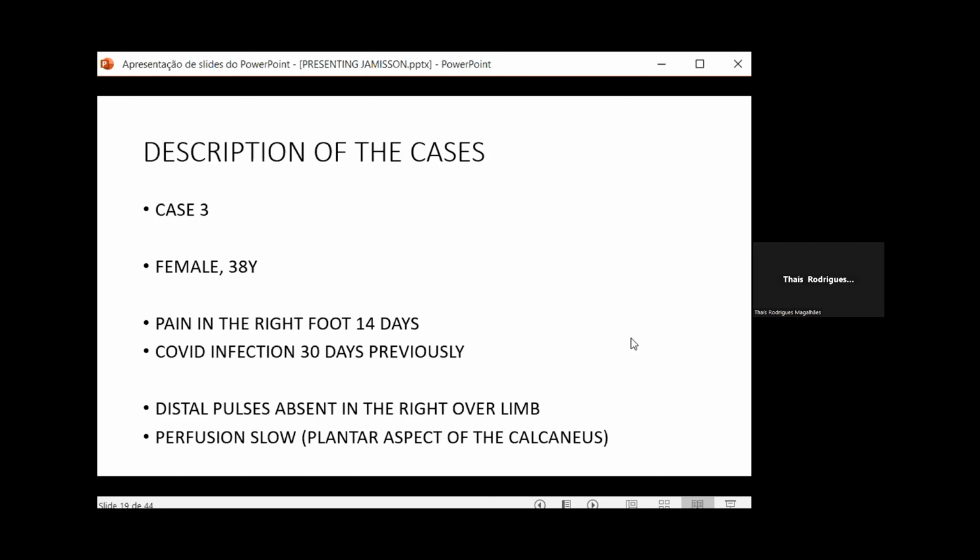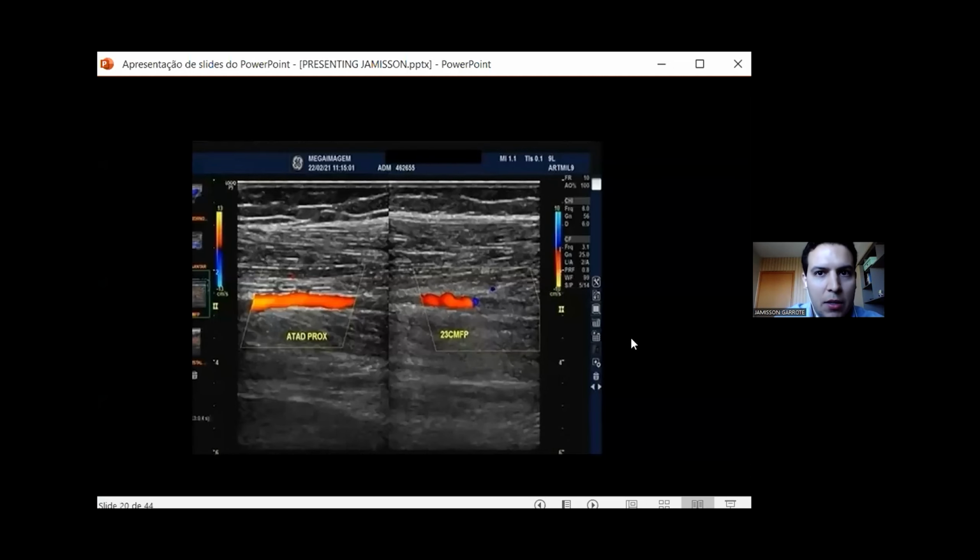Doppler ultrasound revealed signs of occlusion in the tibial and dorsalis pedis arteries, and slow perfusion along the plantar aspects.